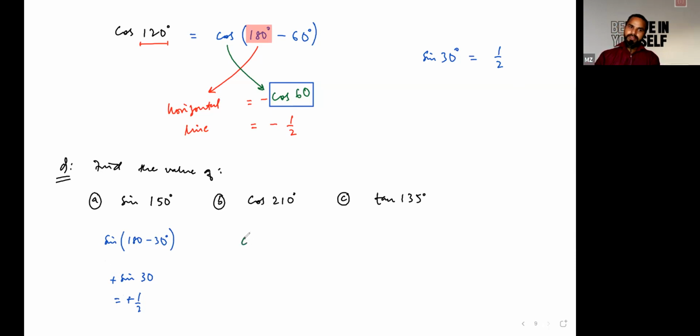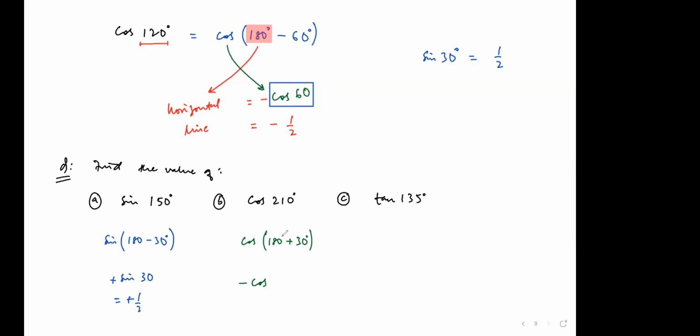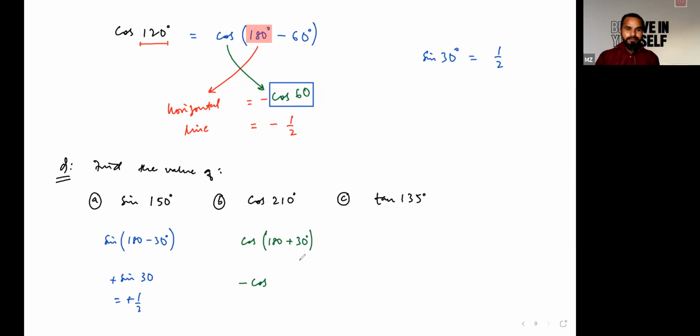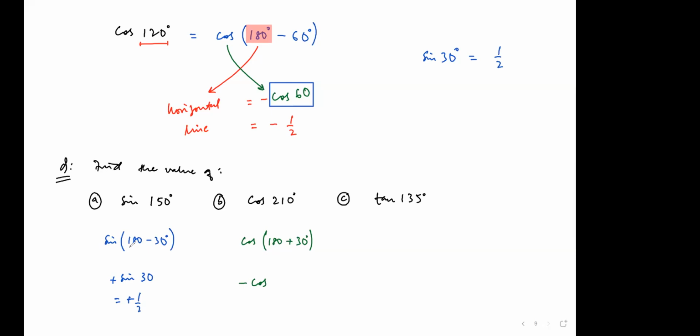Similarly, for this term, you can write cos of 180 degree plus 30 degree. So it will be lying in third quadrant where cos would be negative. So we can write minus. The first one is on horizontal line, since I have written 180 degree minus 30 degree.